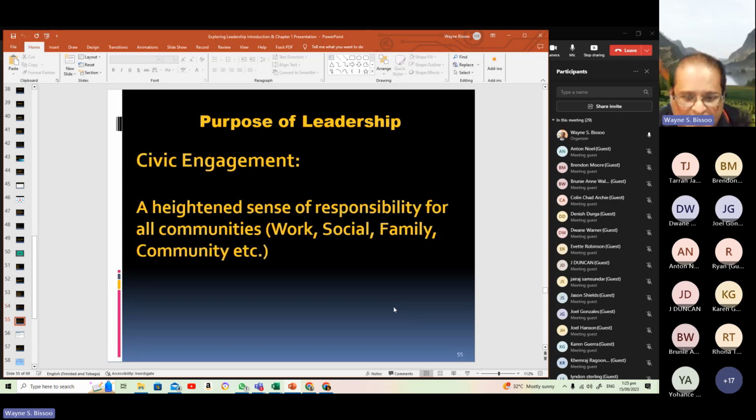Civic engagement means we have a heightened sense of responsibility for all of our communities that we get involved with. Work, or social environment, or family environment, and the actual community that we live in. Sometimes there's a disengagement that takes place. People literally just come home and sleep and then get up and leave.